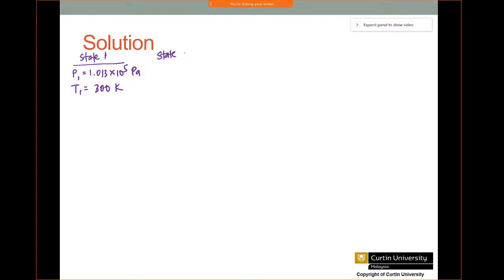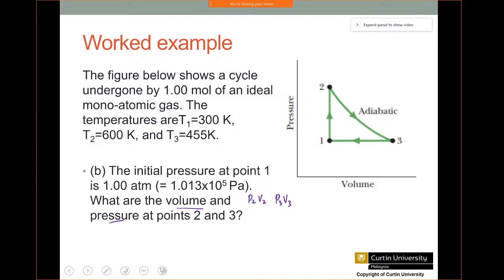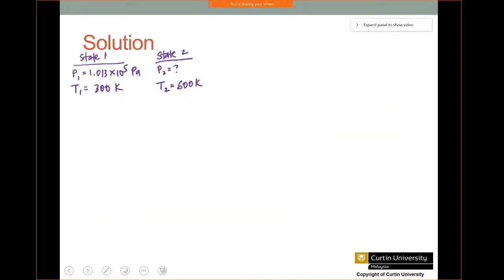And in your step 2, P2 we have to find, but T2 is also given, which is 600. So we can find our P2 because volume is just constant. It's an isochoric process.